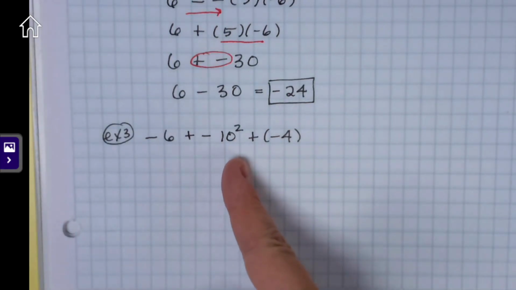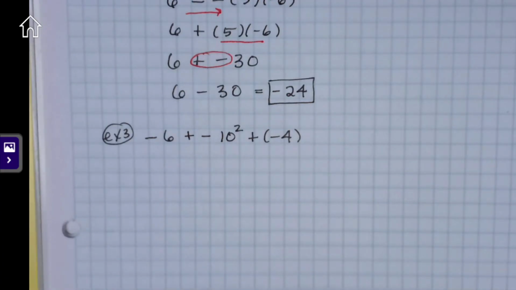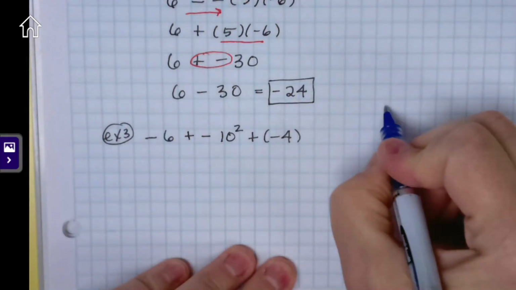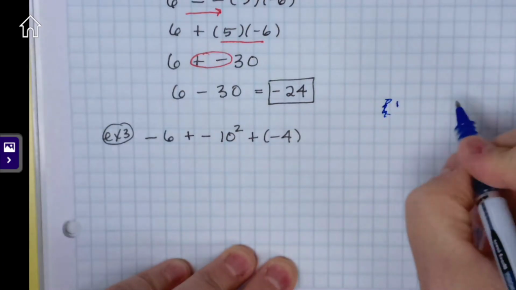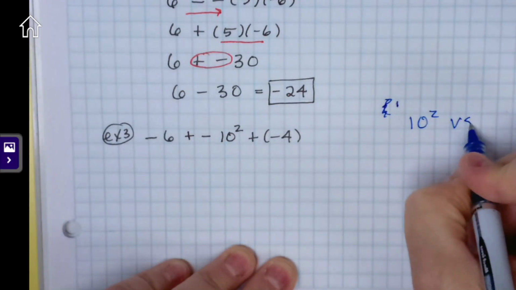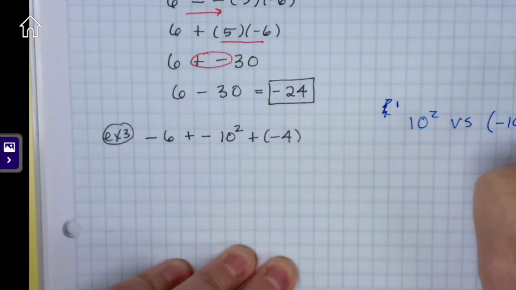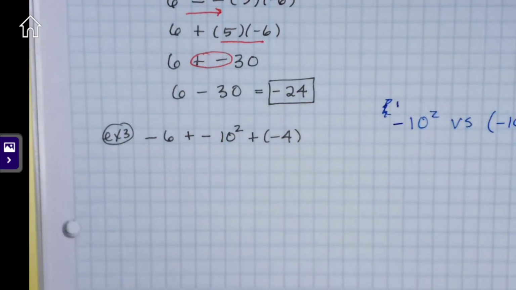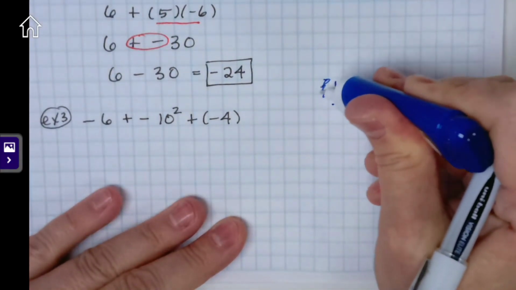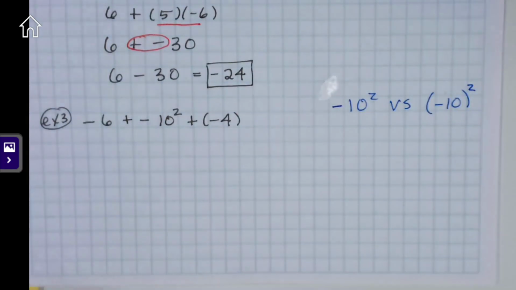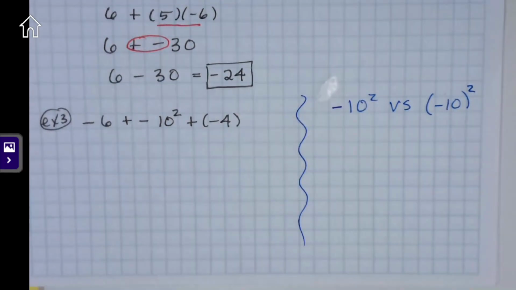That's an exponent, so clearly we do that first, but is it a 10 squared or a negative 10 squared? Okay, so we just write 10 squared versus negative 10 squared. I'm going to put the negative in front of that one. Those are actually 2 different things.